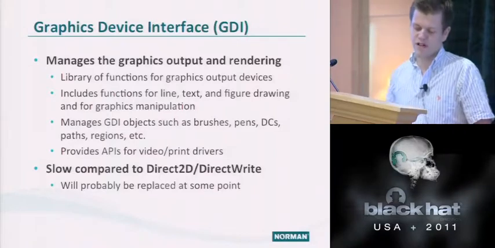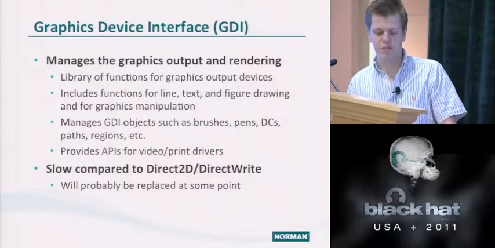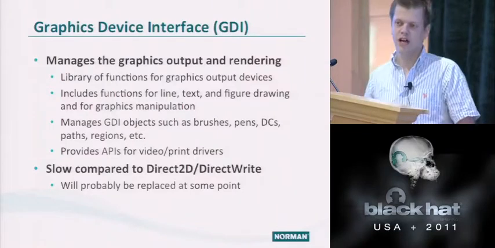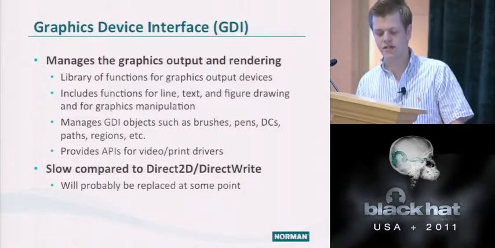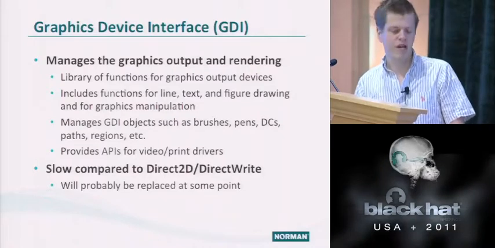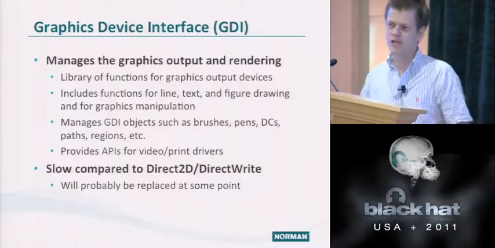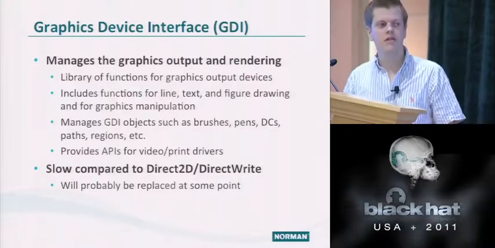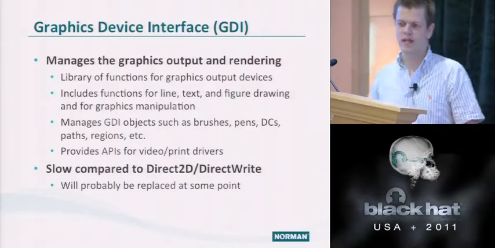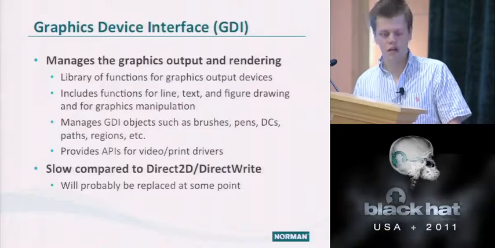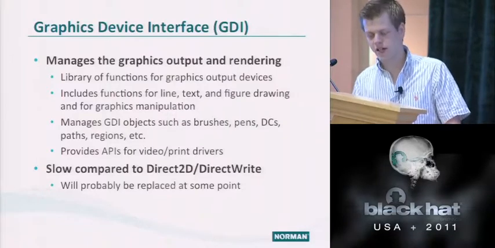So this includes functions for line, text, figure drawing, graphics manipulation, and you also have GDI objects like brushes, pens, DCs, paths, regions, and you have APIs for video and print drivers as well. GDI is pretty slow compared to DirectX, so at some point it's probably going to be replaced. But as long as there's backwards compatibility to worry about, it's probably not going to happen anytime soon.